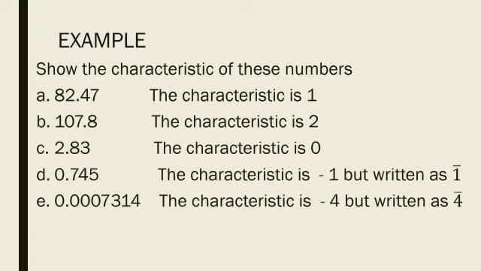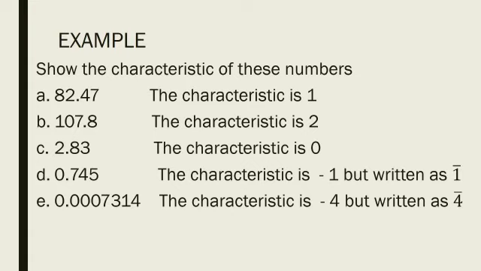Now the E, we have the number 0.0007314. Still again, the first significant digit is 7, and it is 7/10,000.